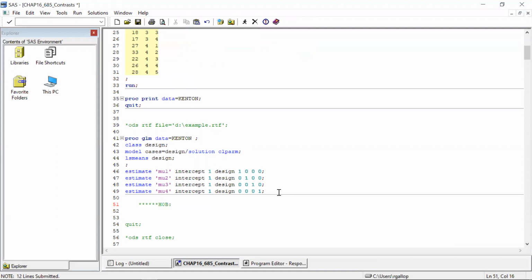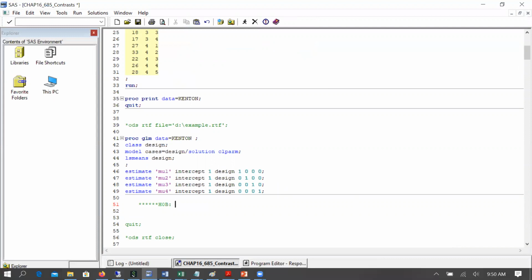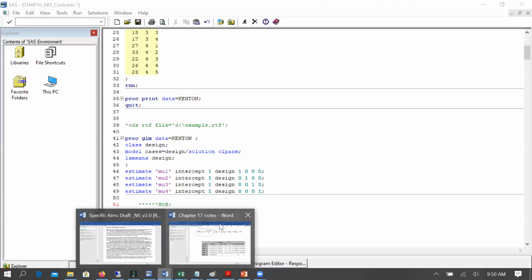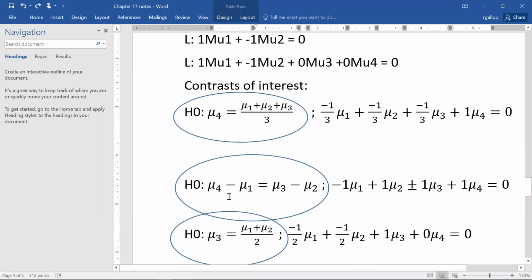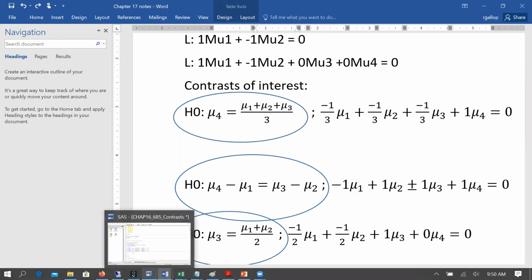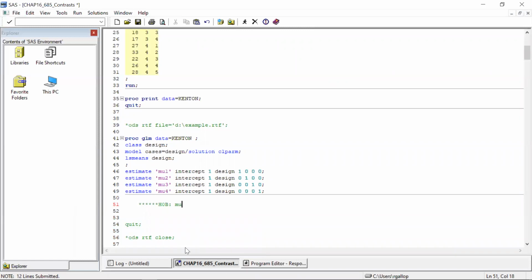So 80B will go right here. 80B is this one: the difference between design 4 and design 1 compared to the difference between design 3 and design 2. So if I go here, I'm going to go back to this one. So we'll go back to SAS. So it's mu4 minus mu1 equal to mu3 minus mu2.